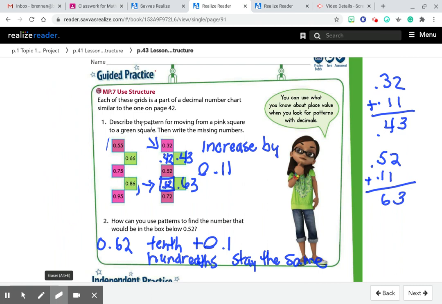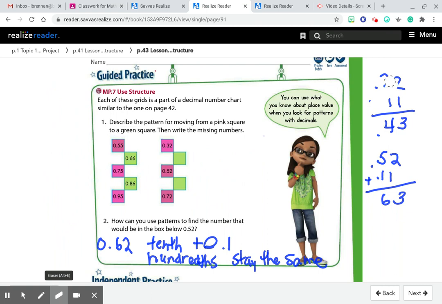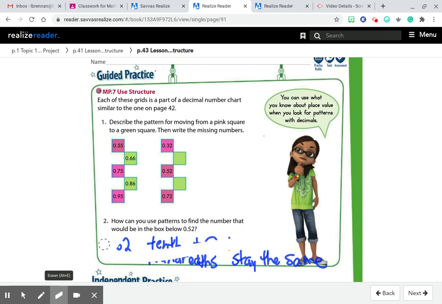I also have some kids in the past when they're filling out these kind of charts, sometimes they just like to fill in the empty spaces to help them really visualize what the patterns are. So you can do that too. If you have a piece of loose leaf paper or notebook paper or a whiteboard, you can do that.